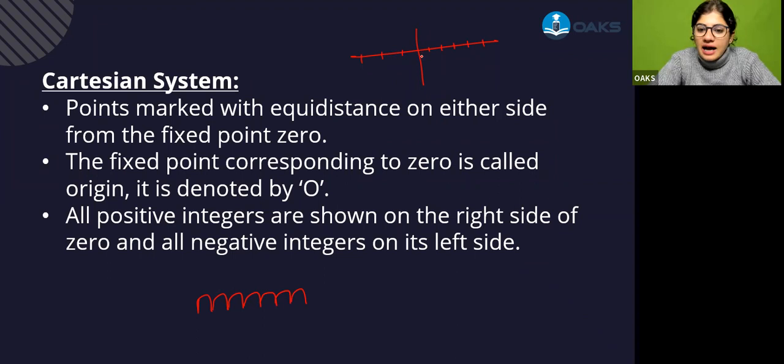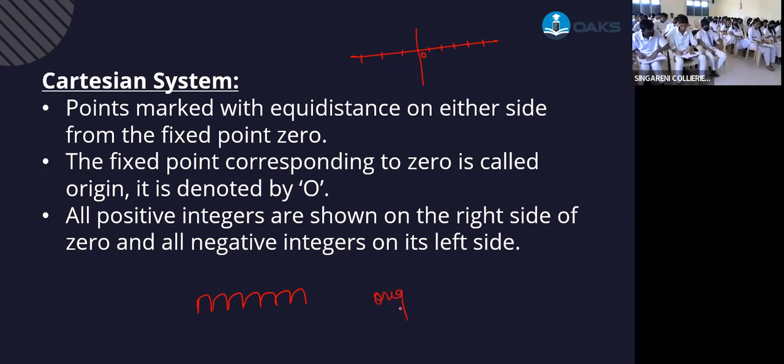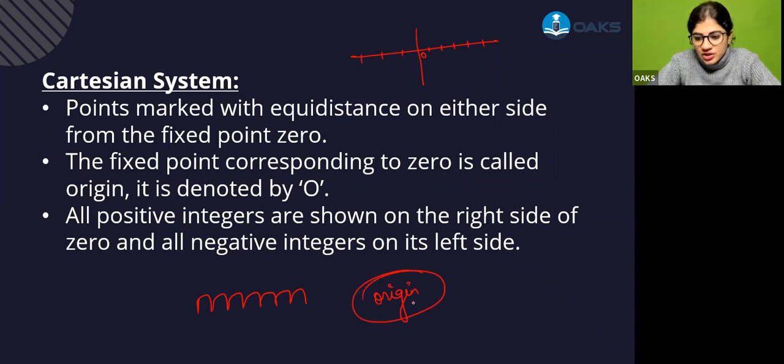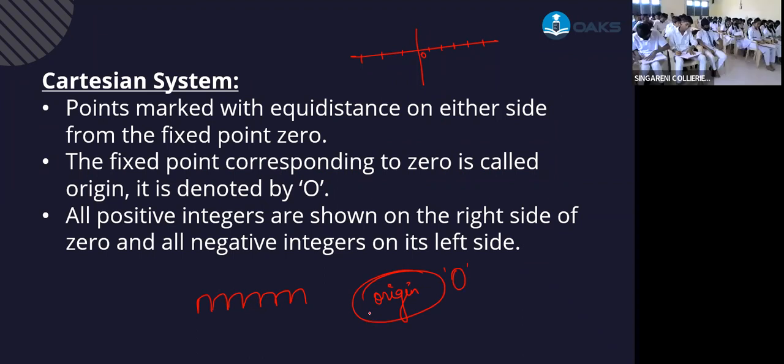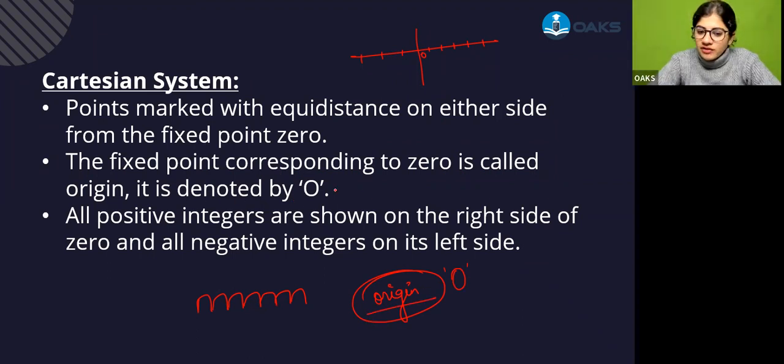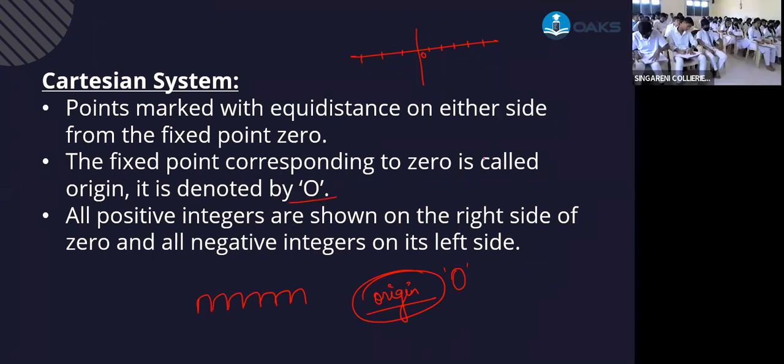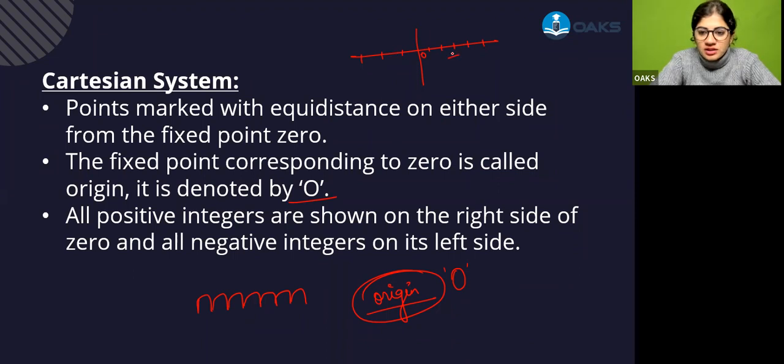Now we have the center point as 0. And the fixed point corresponding to 0 is called origin. Everybody remember the name of the point. That is origin. We can say this as O. Now it is denoted by O. Everybody should remember this. Now all positive integers are shown on the right side. You all know this part, and all the negative are on the left side. Everybody remember this thing?